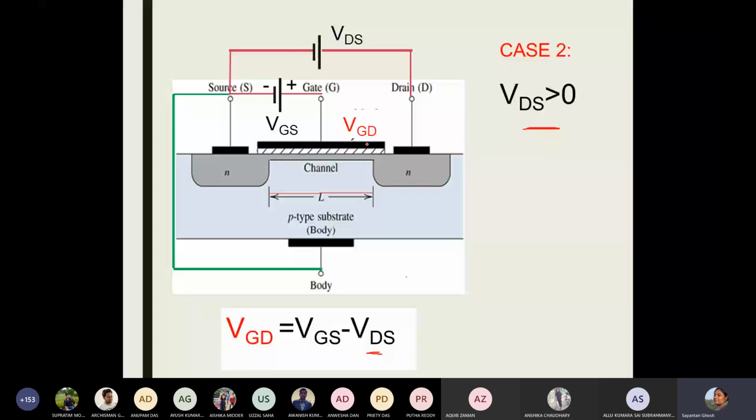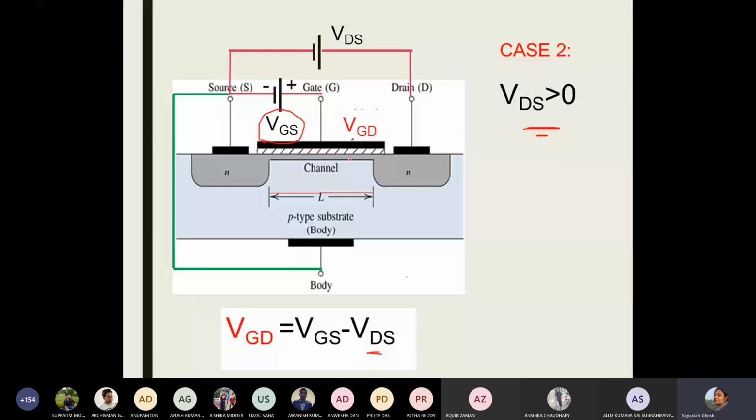Now the threshold voltage is the same, the device is the same, the material is the same. And I am overcoming that threshold voltage by applying this VGS on the left side of the circuit. But on the right side of the circuit, that effective voltage is coming down because the drain to source voltage is positive. So this drain to source voltage is contributing to reduce the effective voltage on the right side, and near the drain terminal the voltage that I have is not exactly equal to VGS, but less than VGS.